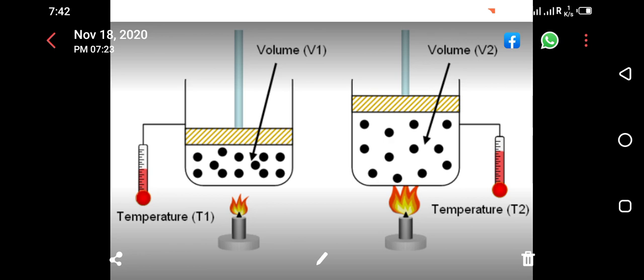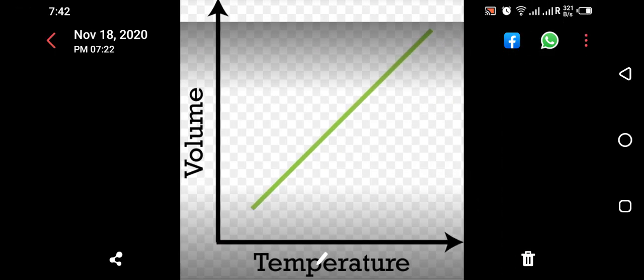The gas molecules take more space between the particles. And as the temperature rises, T1 and T2 increase more.